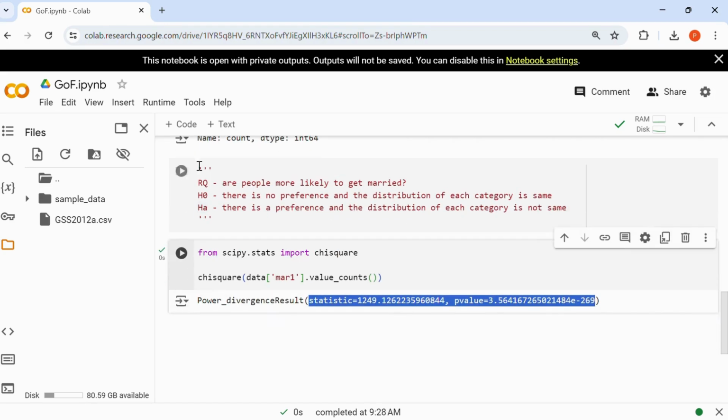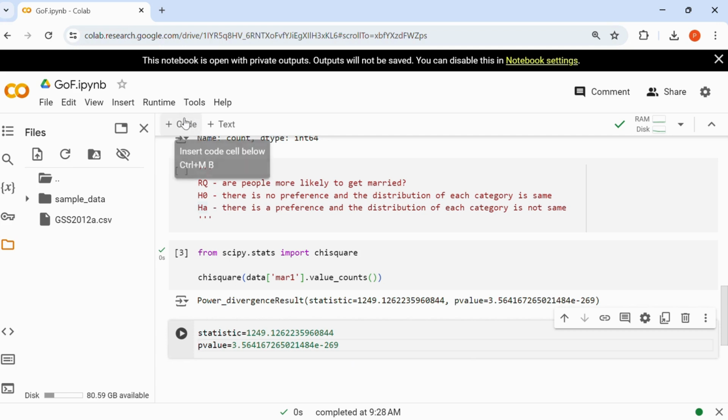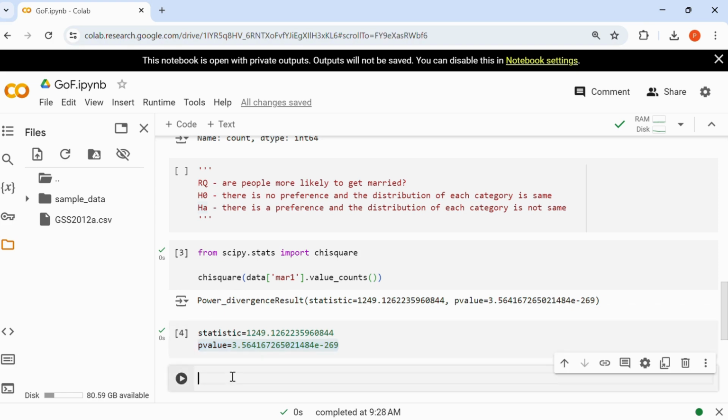So these two I am saving as statistic and p value. The p value we have seen in our previous class: its importance, what it means, what the significance of the result is, and the meaning of null hypothesis rejected. So today we will focus only on the Cramér V effect size.